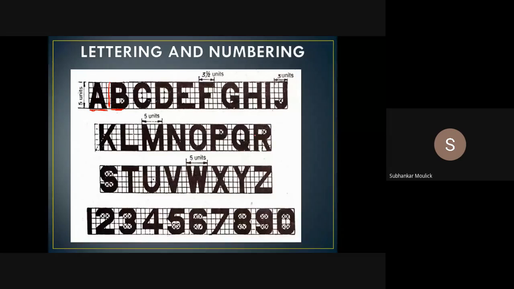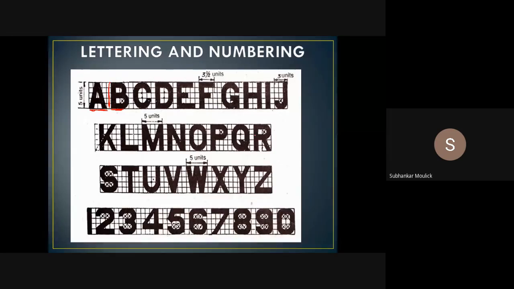So it is difficult to remember for each and every letter and each and every number what the length is. The height is almost the same, but the length is very difficult to remember, because C is not uniform. C is a curved line. G is not uniform. G is a curved line. Yes or no?